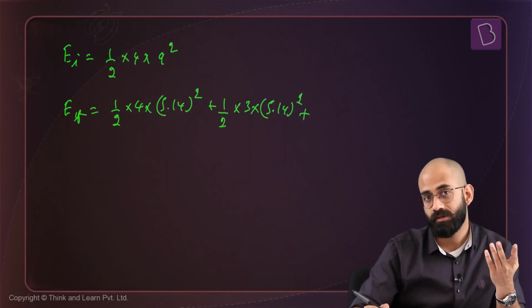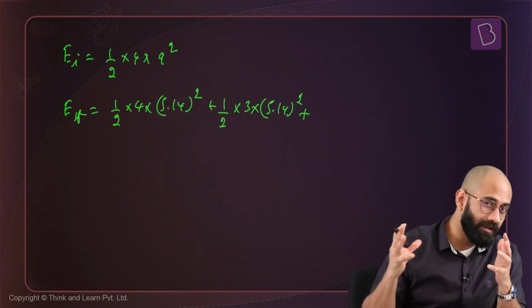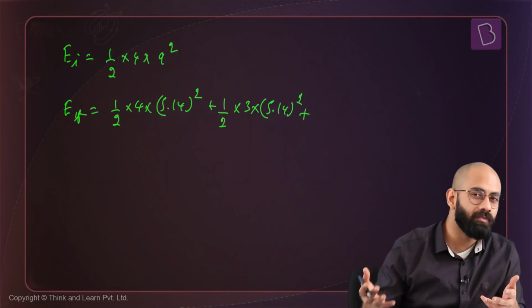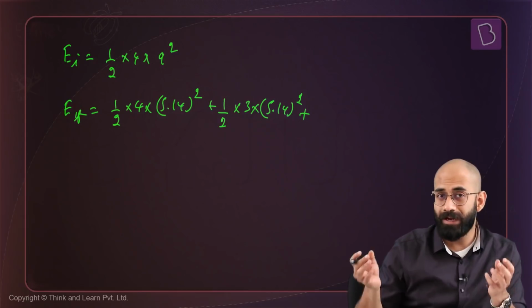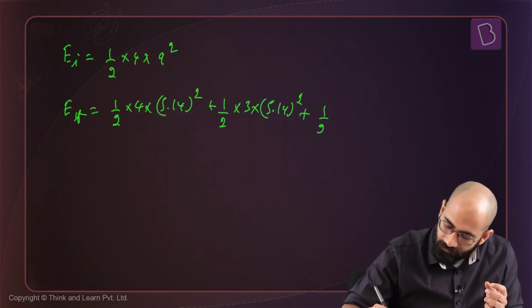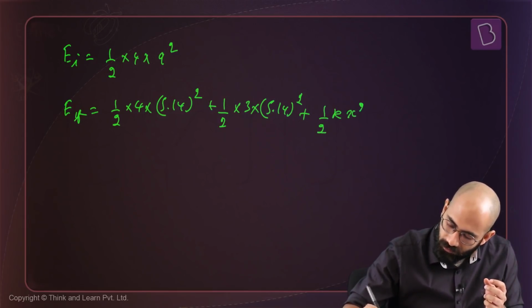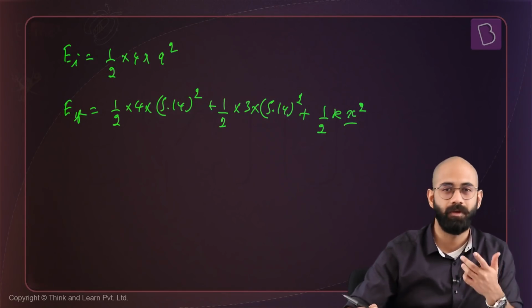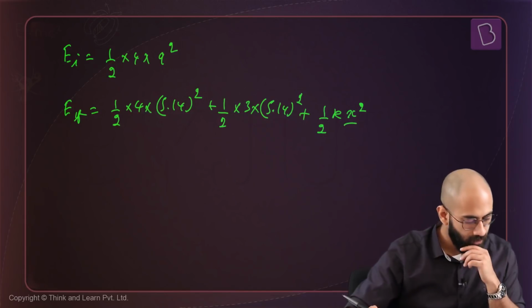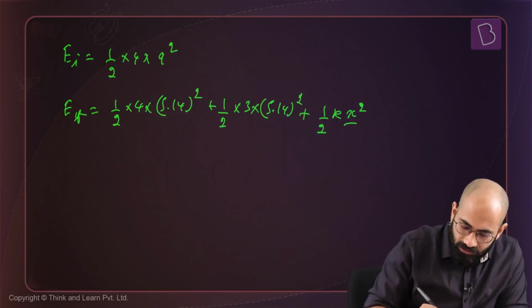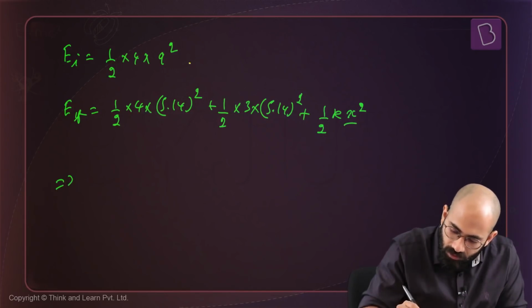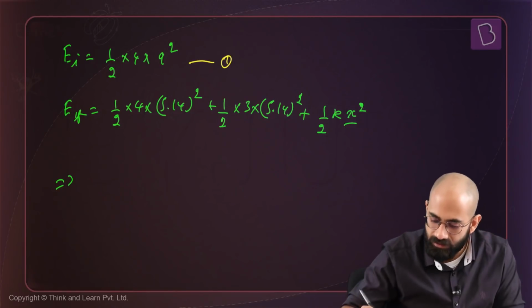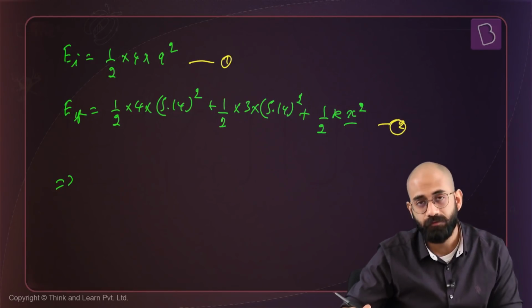Plus, what else? Now, the spring will be in its maximum compressed state. So therefore, it will have potential energy, and that will be equal to half kx squared, where x, let's assume, is the maximum compression. Cool. So then we just have to solve this. We have equation 1, which is the initial energy, and equation 2, which is the final energy.